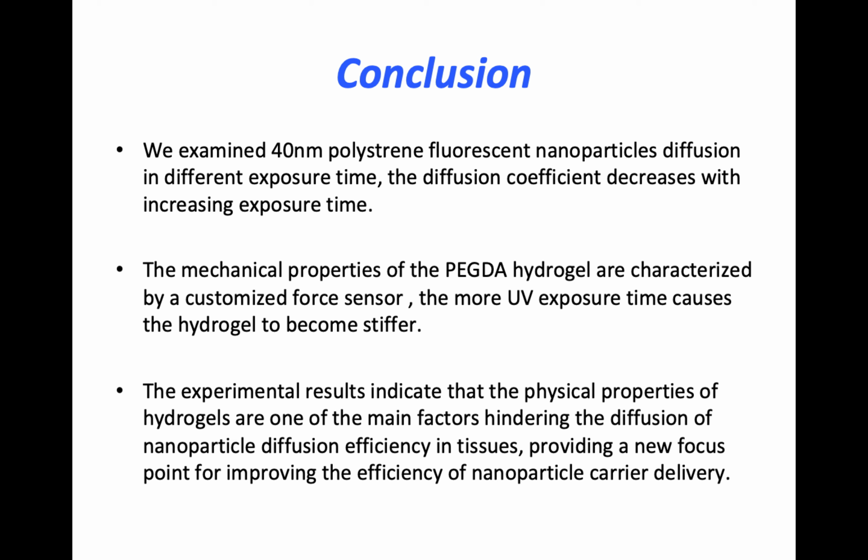And the second result is the mechanical property of the PEG hydrogel characterized by a customized force sensor, and the more UV exposure time causes the hydrogel to become stiffer. Okay, so finally, the experimental results indicate that the physical properties of the hydrogel are one of the main factors hindering the diffusion of the nanoparticle in the tissue. It provides us a new focus point for improving the efficiency of the nanoparticle carrier delivery.